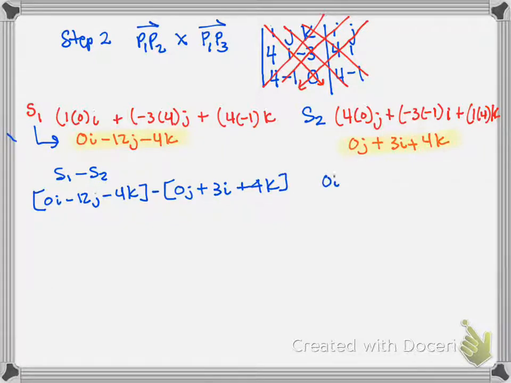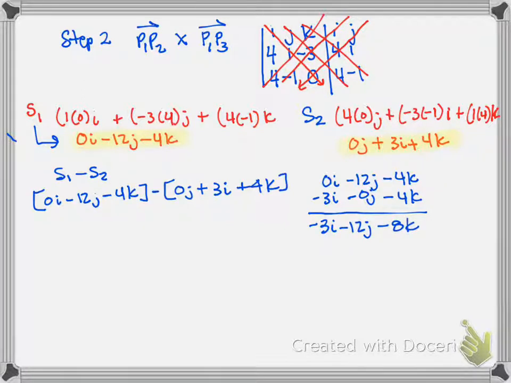I get 0I minus 12J minus 4K, and then negative 0J minus 3I, and then minus 4K, and I'm just distributing the negative sign. So I get negative 3I minus 12J minus 8K, and that is the cross product of the two vectors.